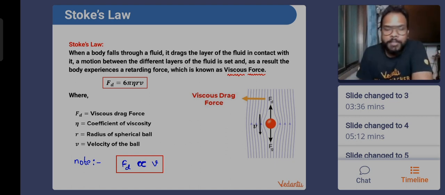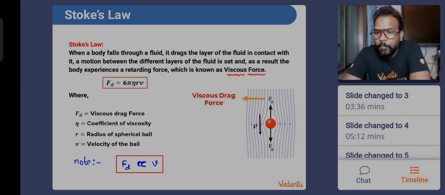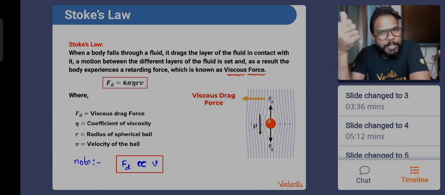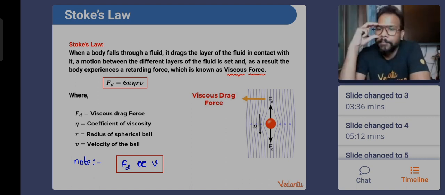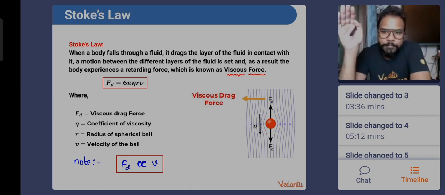And eventually, what happens to the meteors when they enter the atmosphere? May I know? They start burning out because of the work done by the viscous force, and they slow down. Most of the time, before even reaching any significant point on Earth, they burn out completely. And this formula is valid for any real fluid, including air.